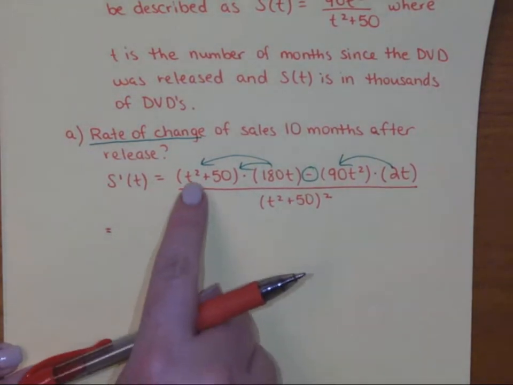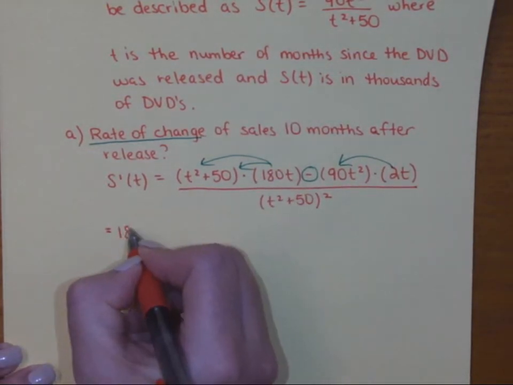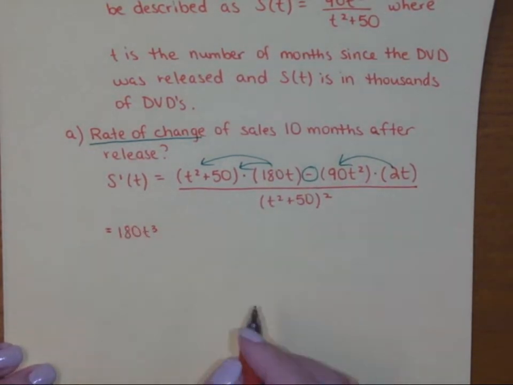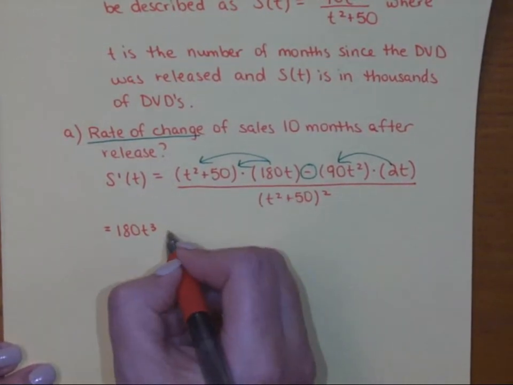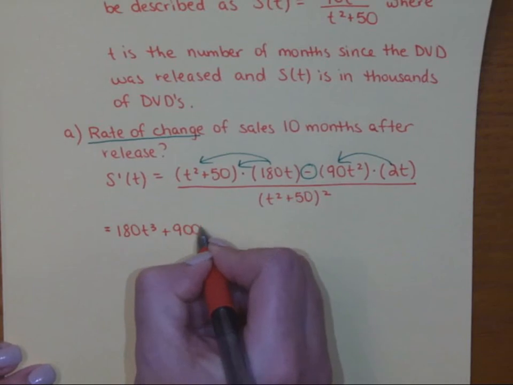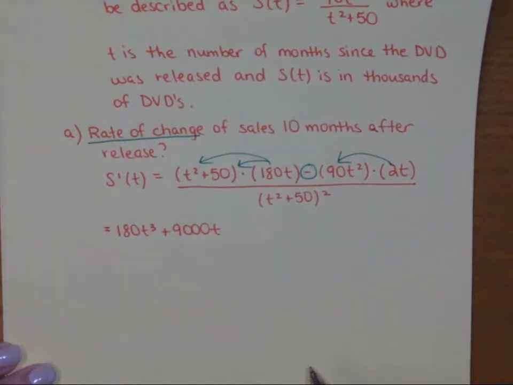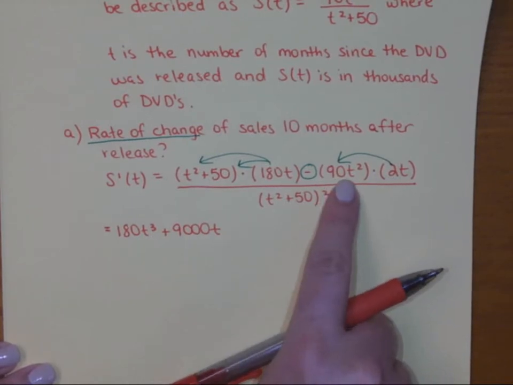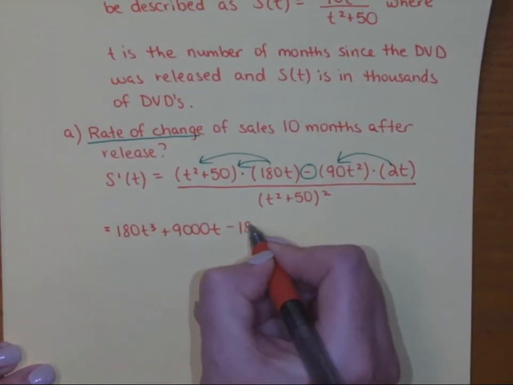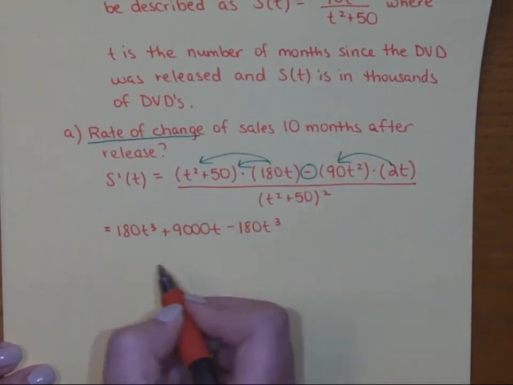So if you do distributive property, this times this would be 180t cubed. Use your calculator if you need to. 50 times 180t would be 9,000t. And then don't forget we're changing sign to a minus, right? But 2t times 90t squared would be 180t cubed.